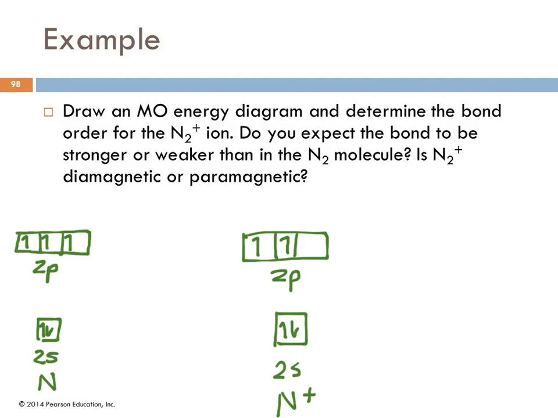Because when you put these 2 together, you'll get N2 plus. Now we have to combine these into the molecular orbitals. So the s will make a sigma 2s and a sigma star 2s.